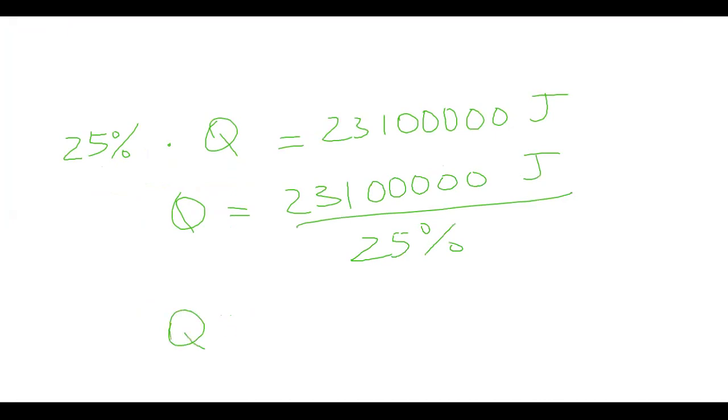Remember this dot means to multiply, between 25% and the Q. So you divide by that value, divided by 25%.